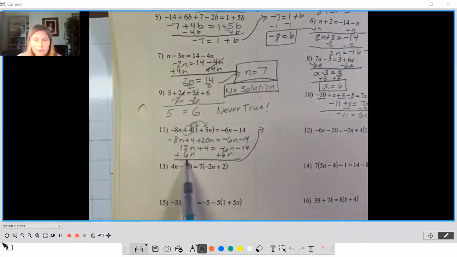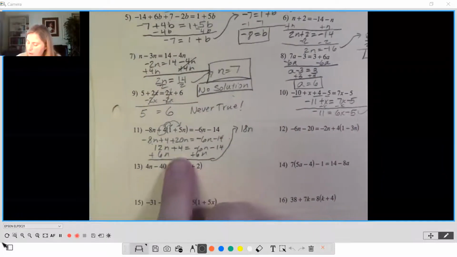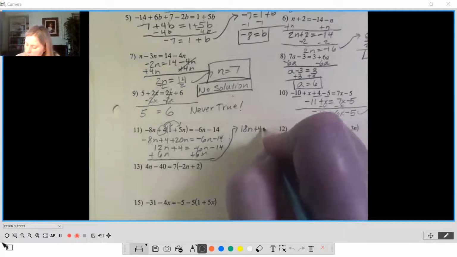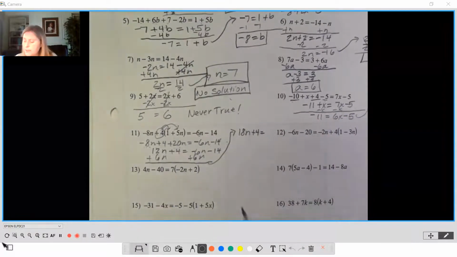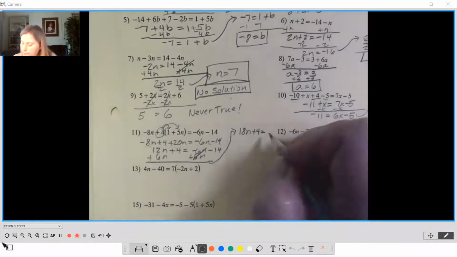So 12n plus 6n is 18n. Bring down the plus 4 equals, and then negative 6n plus 6n will cancel out, and then bring down the negative 14.